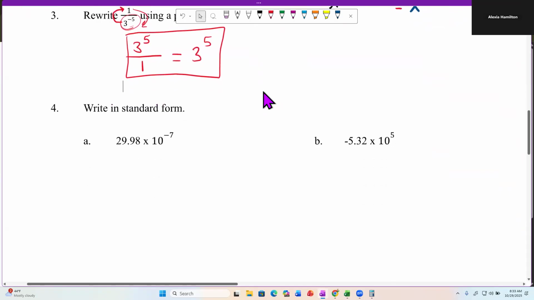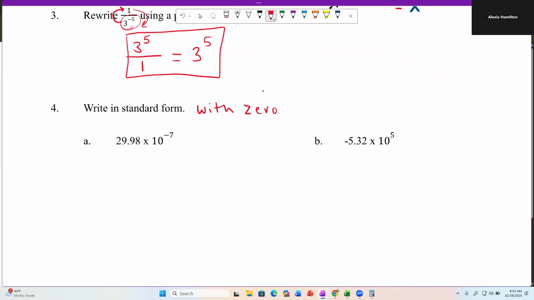Standard form would be with the zeros. So we have a negative exponent. That means I want the zeros. I'm going to move my decimal point 7 spots because that's the number of my exponent.